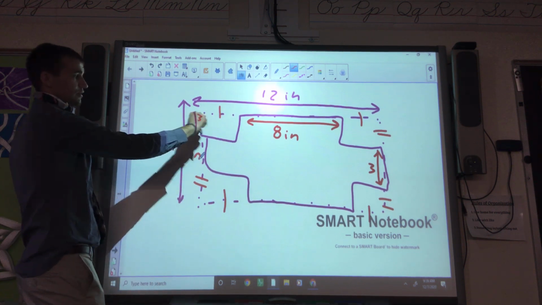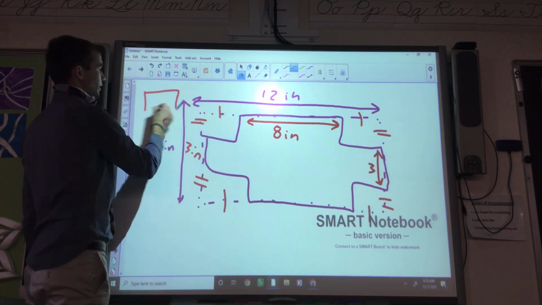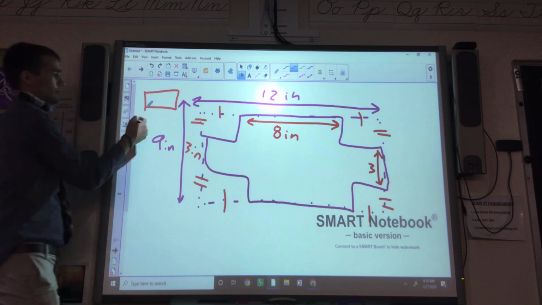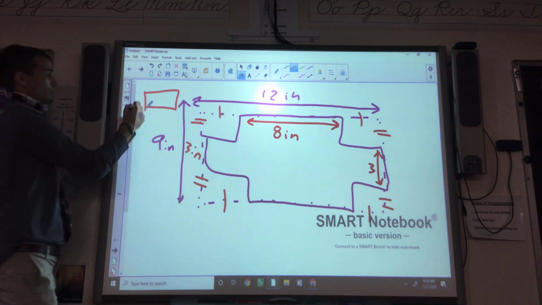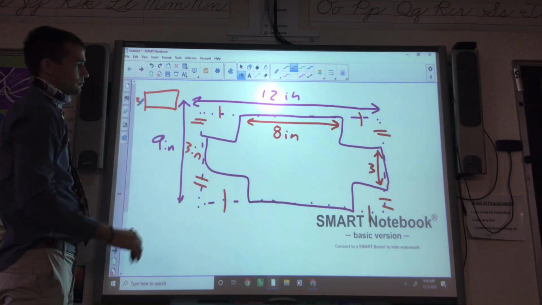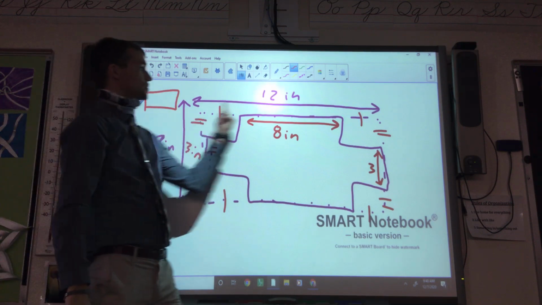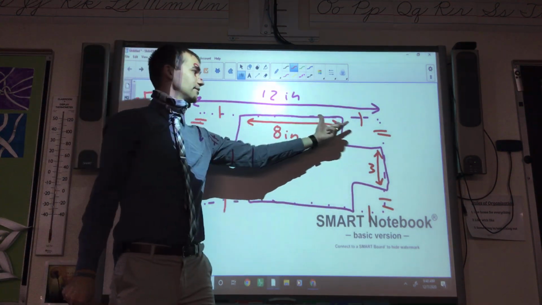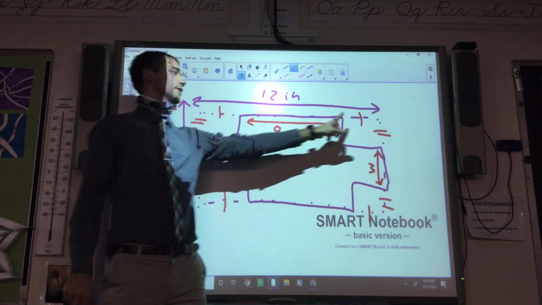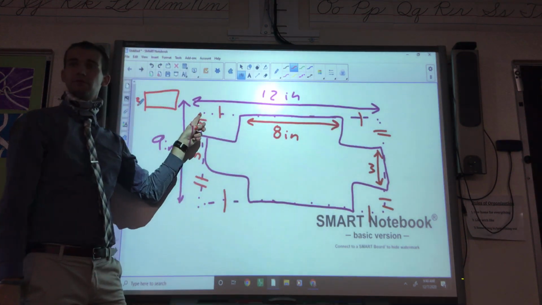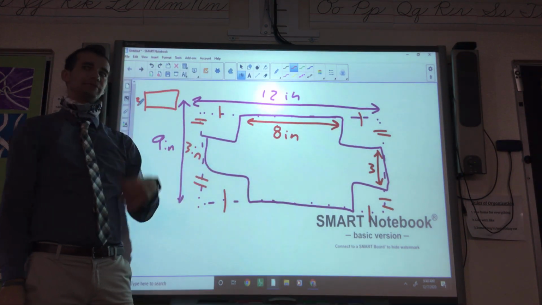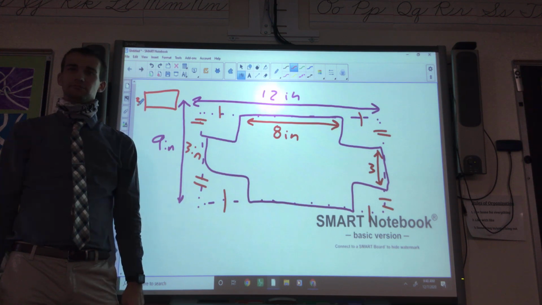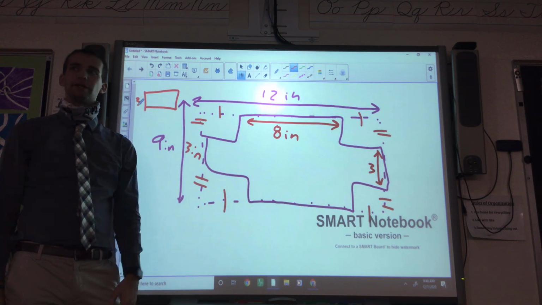Which makes each one of these rectangles. Let's draw a mini little rectangle. This side is going to be 3 inches. And if this is 12 inches and this is 8, how many inches do we have left for these 2 right here? 12 minus 8. What's 12 minus 8? 4.